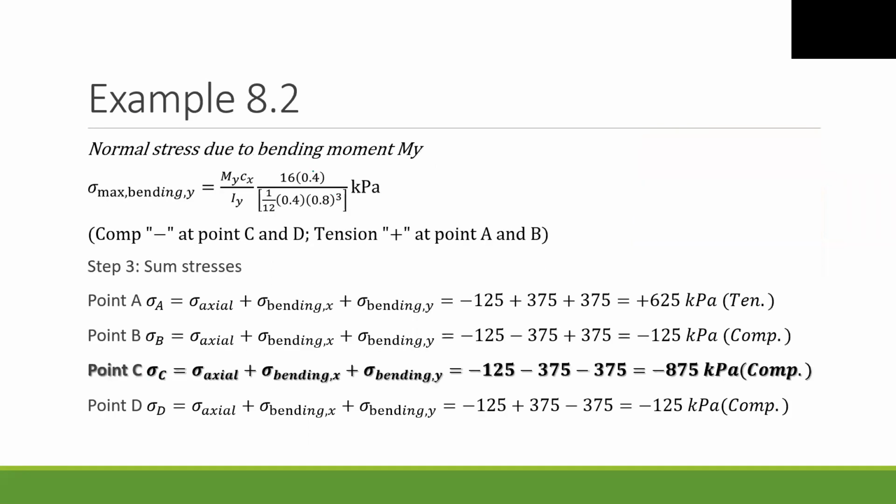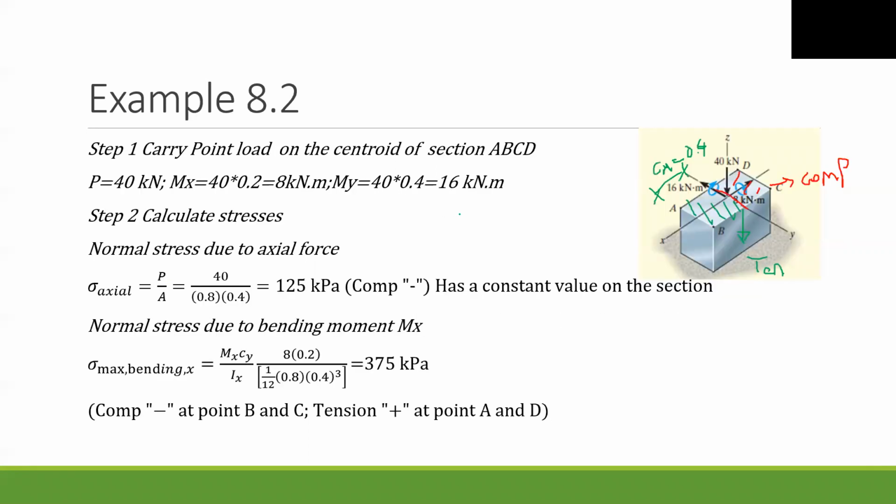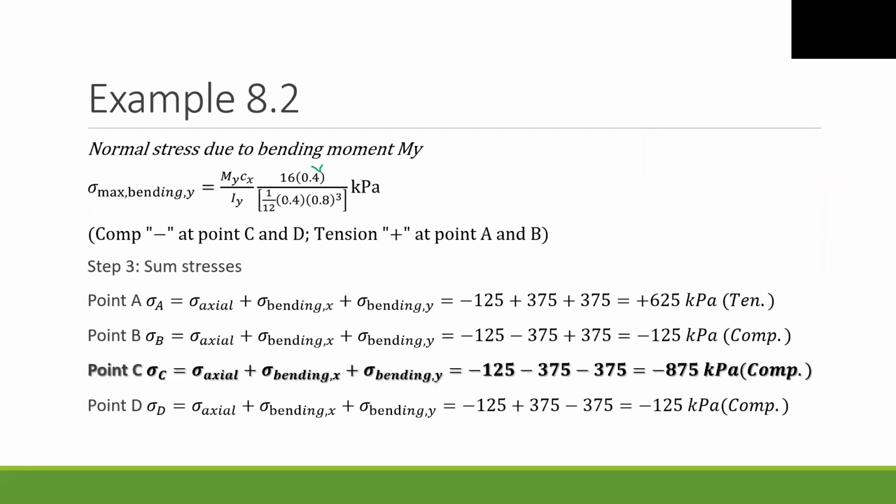You can see 0.4 Cx, the moment of inertia. You can see Iy is equal to b times, sorry, h times b cubed over 12. Therefore, I can write this is the h, this is the b, okay, h times b cubed divided by 12. So I forgot to write the result again.